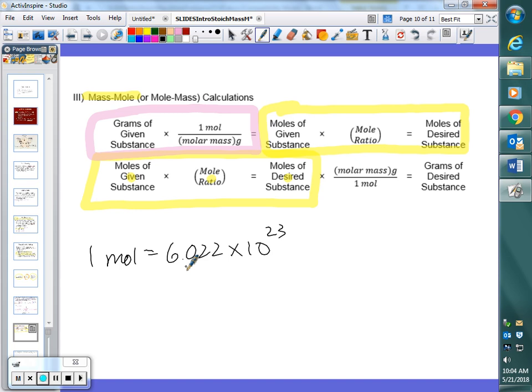But generally speaking, when we're talking about these chemical reactions, we're talking about molecules, a group of atoms that have been joined together that are reacting with something else. So 1 mole is equal to 6.022 times 10 to the 23rd molecules. But there was a third part to this equality, and that was the molar mass.